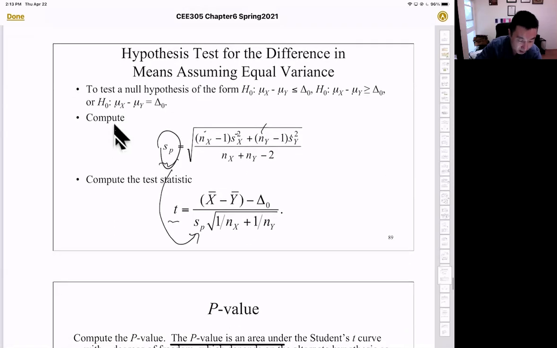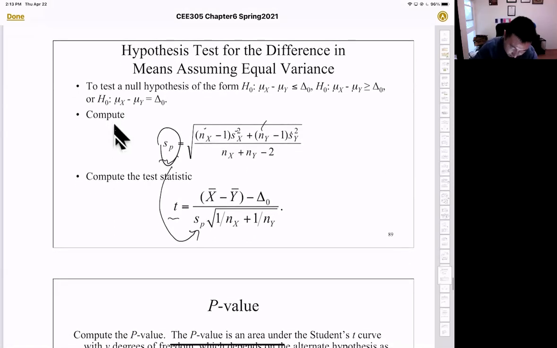For the degree of freedom, here is the equation I missed. Let me write it down, because for the t-score we need the degree of freedom v. For this case, v will be nx plus ny minus 2.